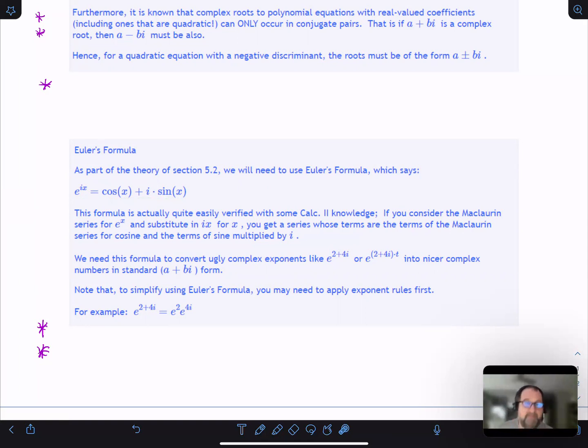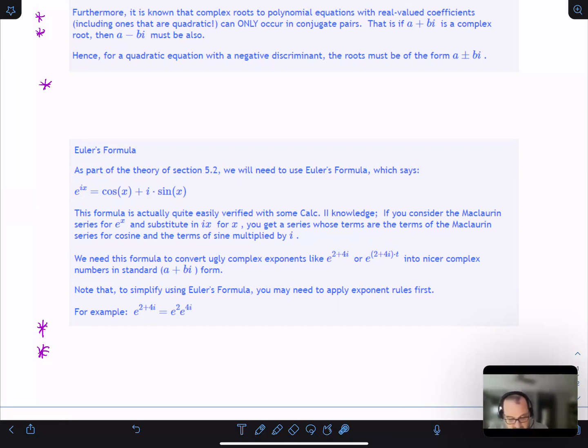So you're going to have a couple of my open math examples to try here. And really, I just want you to use this formula to simplify some awkward expressions that might look like things like this: e to the 2 plus 4i, or possibly a function e to the 2 plus 4i times t. So you might have to do some preliminary simplification.